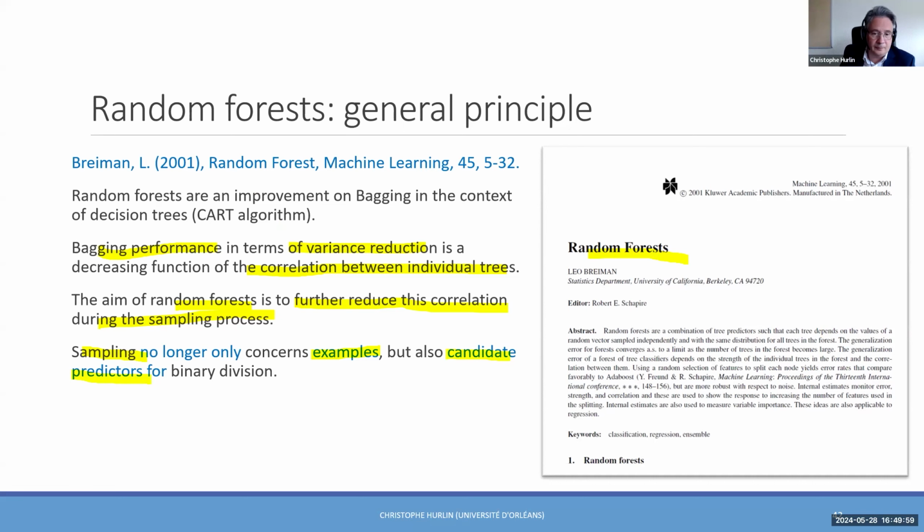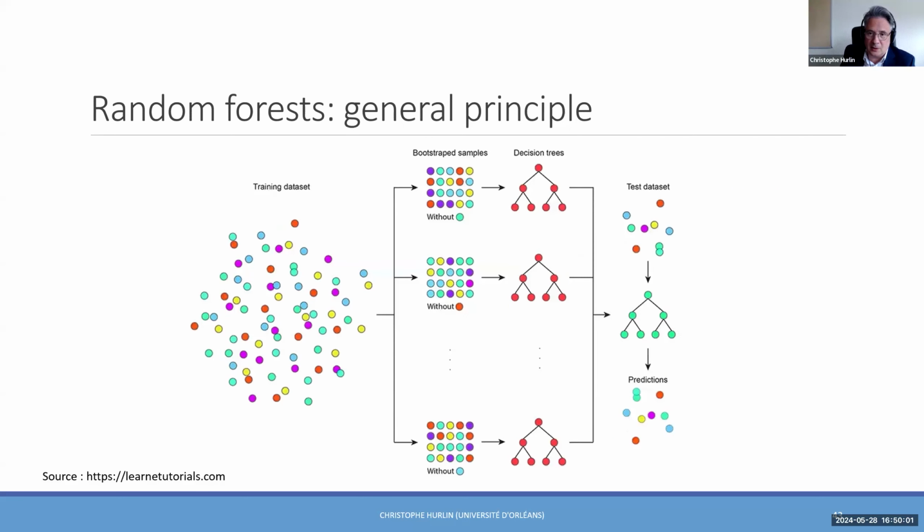So let me just illustrate with this graph, but I think it is unclear. The random forest has the same idea as bagging. You have a training data set, and you draw bootstrap samples.